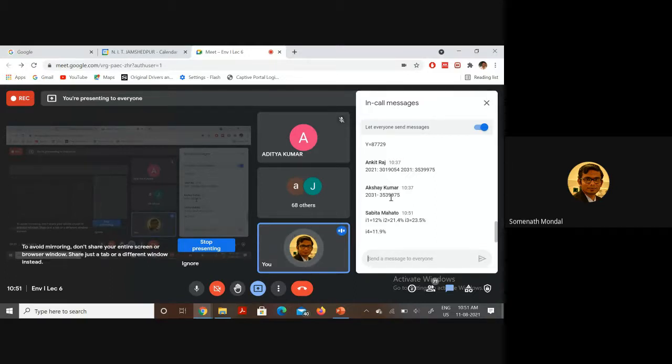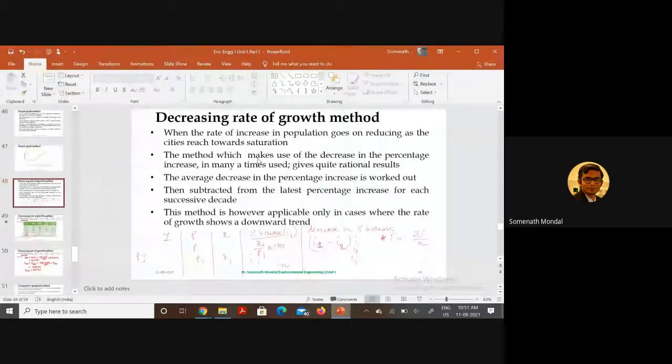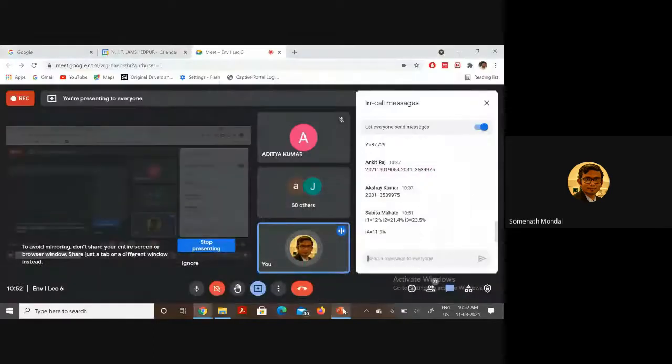Let me check how I denoted this. Here we are mentioning it as decrease in percentage increase. So if I write that I bar, please calculate that, but remember, in case of decrease, increase is negative and decrease is positive.